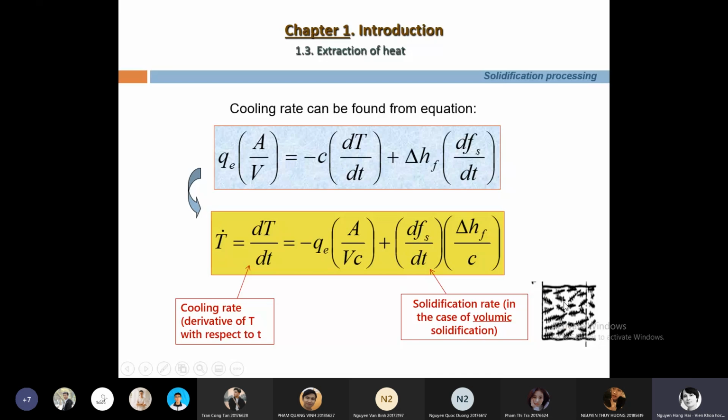The crystallization and solidification proceed in the entire volume of the component. It is the case of volumic solidification, and in this case you can find the cooling rate from the heat balance.